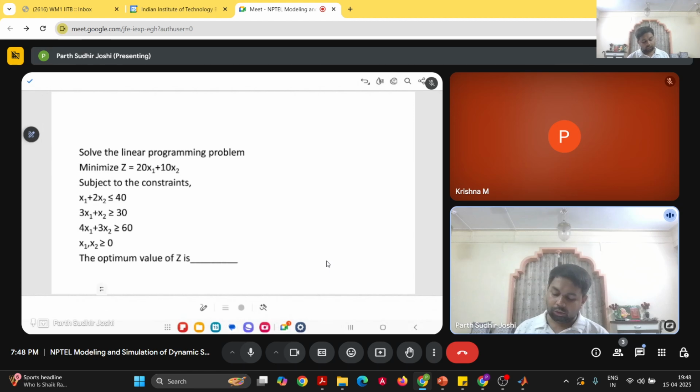what we need to do is to basically find out, so how do we plot the constraints in the graph?